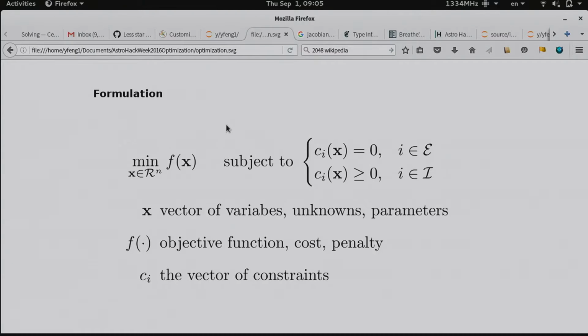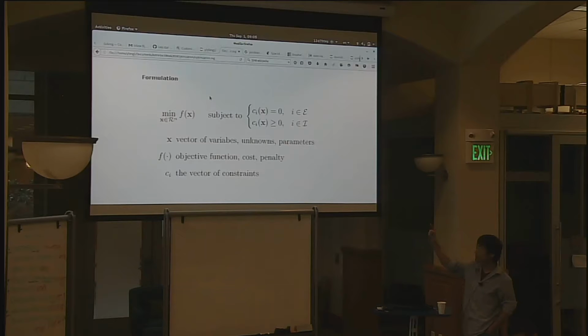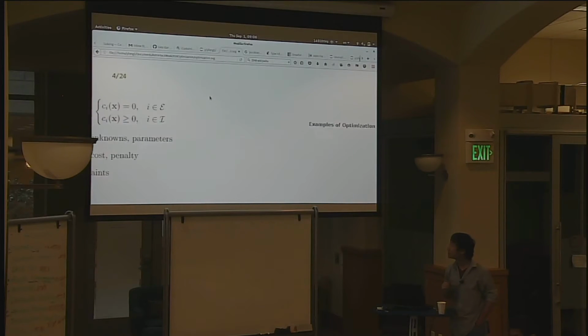The other type is Ci greater than or equal to 0, which cuts out a region from the space. So the first one is reducing the dimension. The second one is cutting out a region. This is the normal form of optimization. Every optimization problem, if we spend a little bit of time, can be rewritten this way. And that's the only kind of problem we can solve.